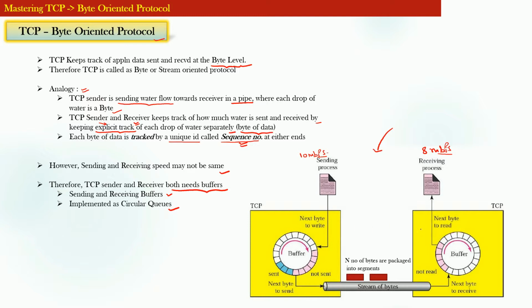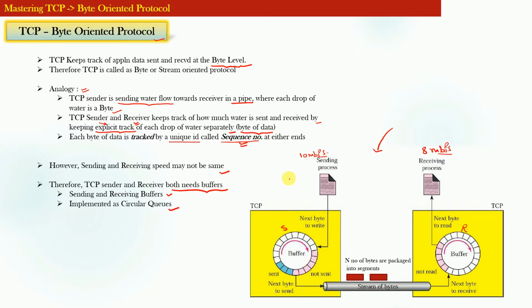But remember, since the sending process also receives data from the receiving process, the sending side will also have another similar buffer called the receiving buffer. And the receiving side will have one more circular buffer called the sending buffer, which I have not drawn in this diagram for simplicity.